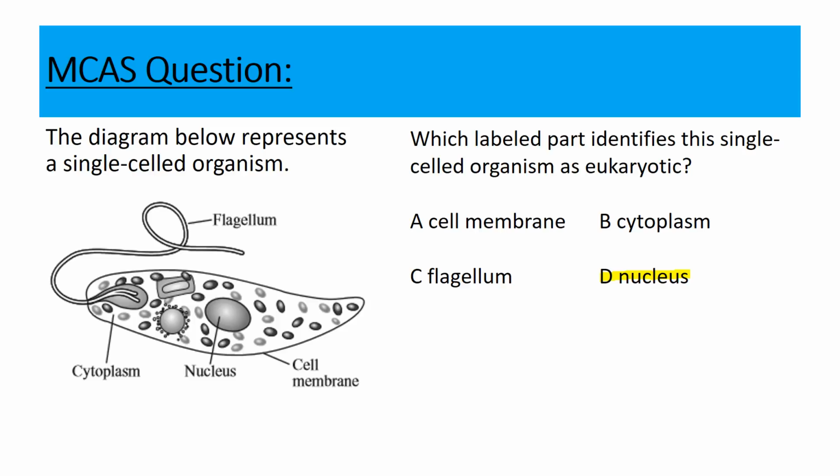Eukaryotic organisms are organisms whose cells contain a nucleus. Prokaryotes and eukaryotes can have all these other things. Of course, all cells have a cell membrane and cytoplasm. And flagella are more common among prokaryotes, but eukaryotes can also have a flagellum. And of course, that's demonstrated in this diagram. This is a eukaryotic organism that has a flagellum.